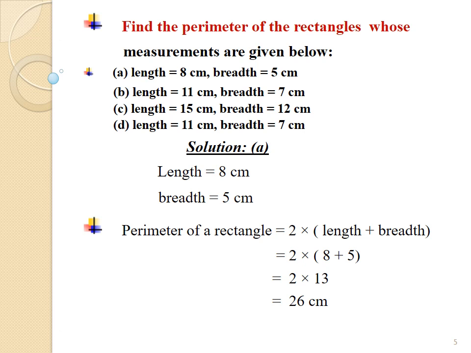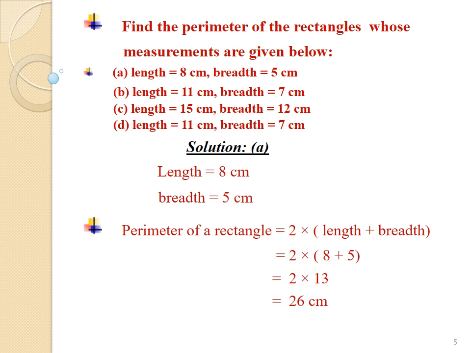So now let us solve question number 1. Length equals to 8 centimeter. Breadth equals to 5 centimeter. Thus, perimeter of a rectangle equals to 2 multiplied by length plus breadth equals to 2 multiplied by 8 plus 5.